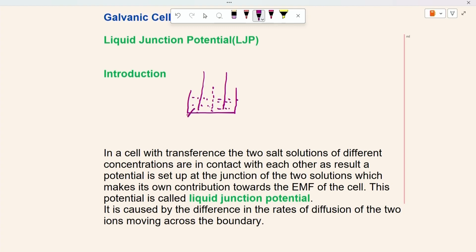In the first case, let the concentration or activity be represented as A1 and in the other case, let that be A2. We know that when two solutions of different concentrations are put together, there is a natural tendency of the electrolytes to move from higher concentration to lower concentration.